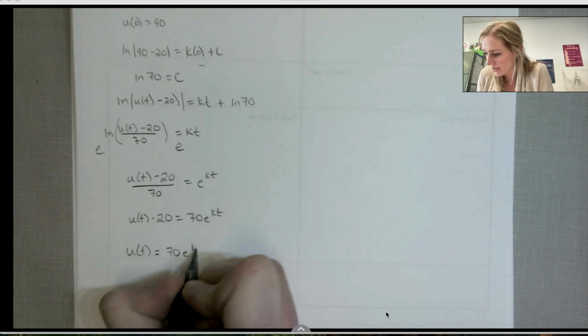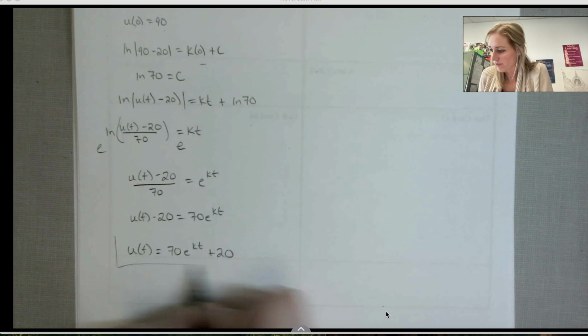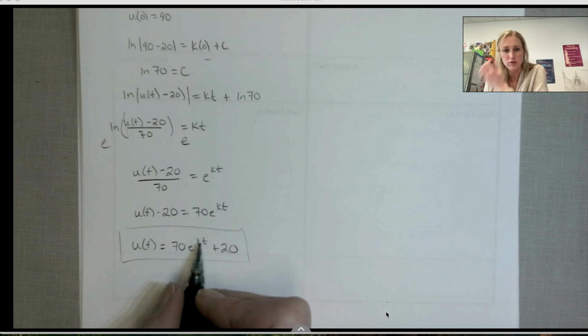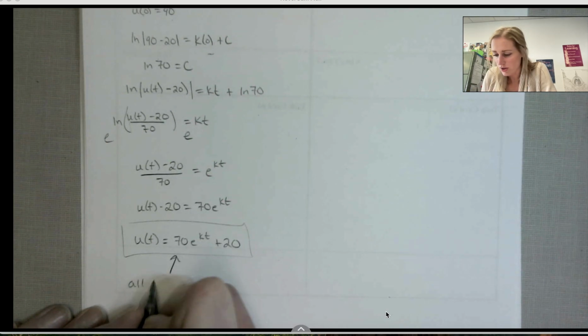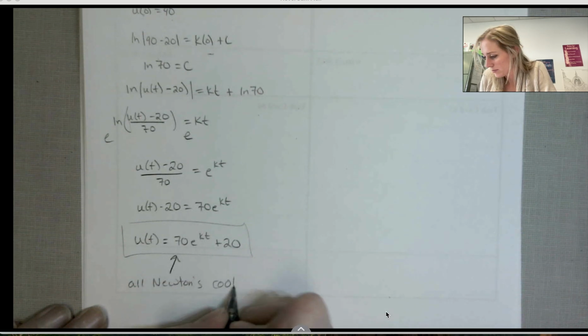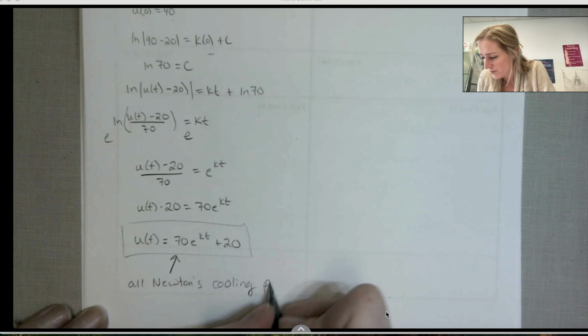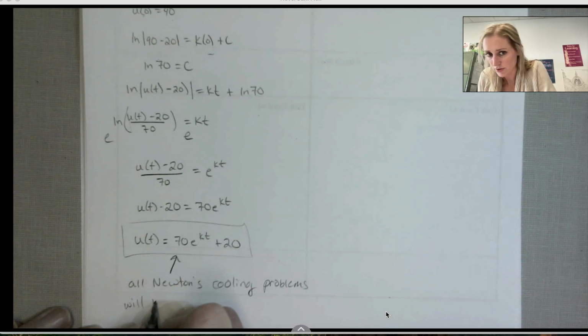Okay, so this is our particular solution rearranged, but this is something to know. All Newton's cooling problems will have solutions of this form.